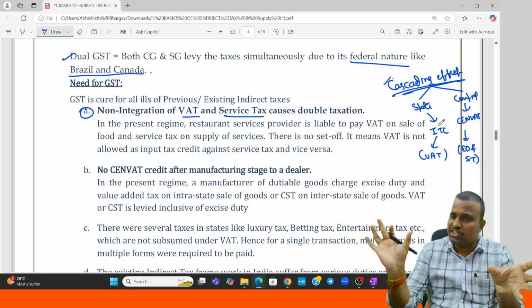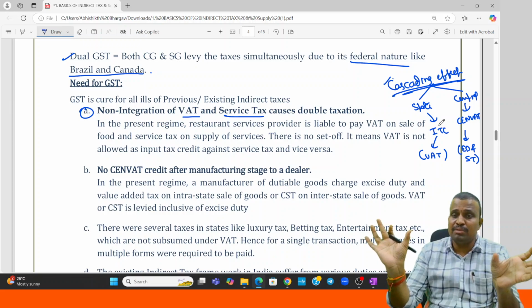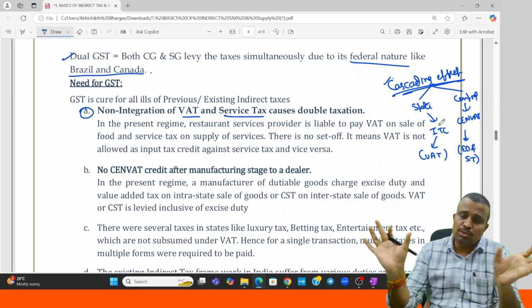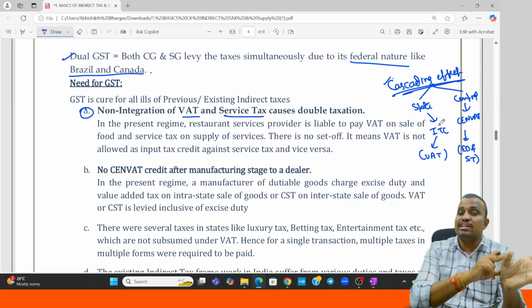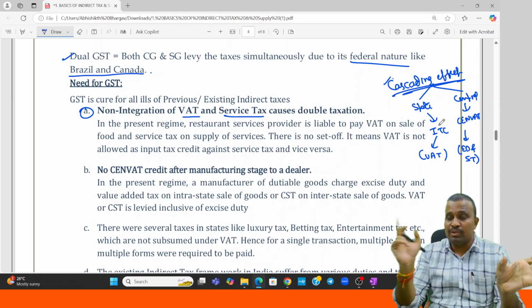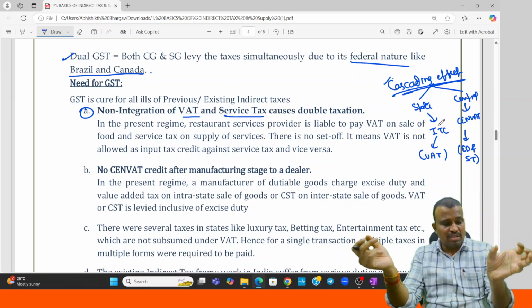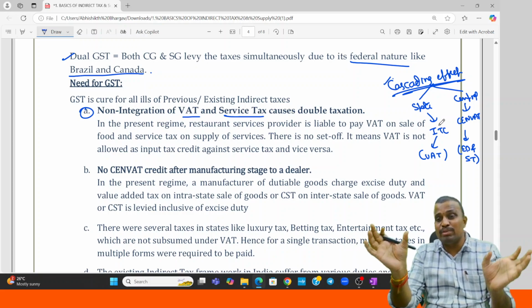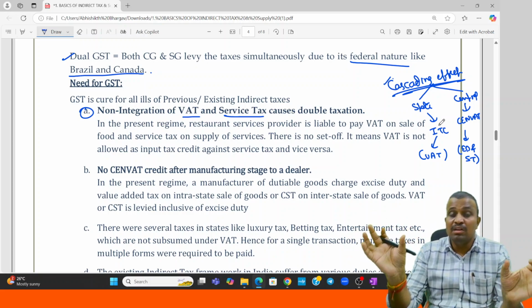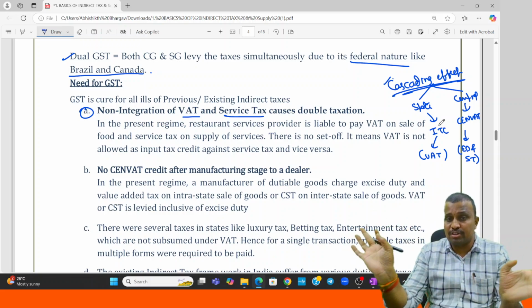But in the initial stage, the excise duty paid by the manufacturer to the central government is not eligible for claiming input tax credit against VAT, because excise duty is paid to the central government, but VAT is paid to the state government. That's why both are not eligible to set off.